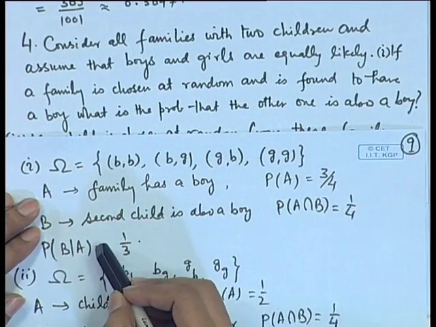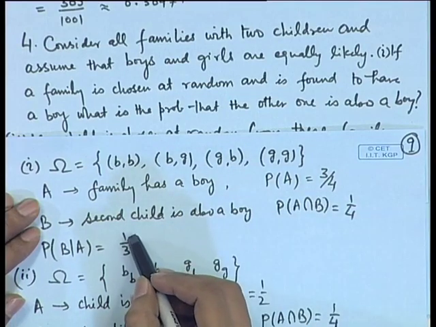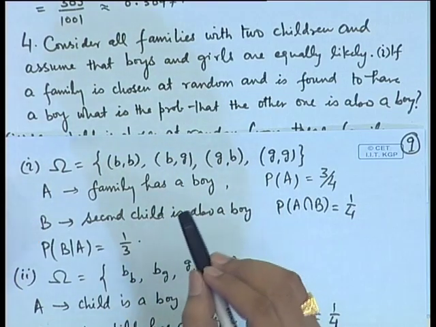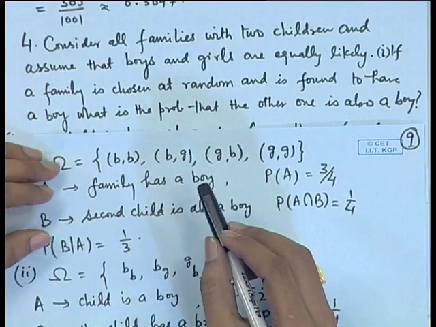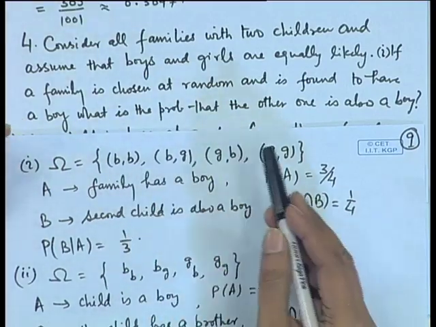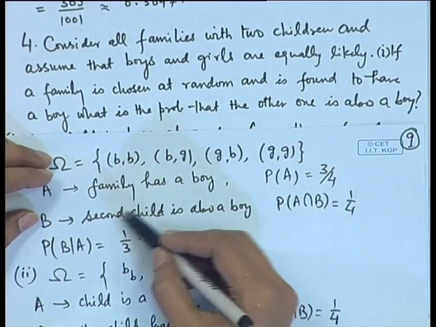If I take the ratio of the probability of A intersection B with the probability of A, we get the probability of B given A as 1 by 3. That means, if in a randomly chosen family a boy is found, then the probability that the other one is also a boy is 1 by 3.